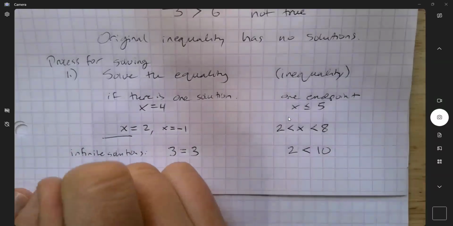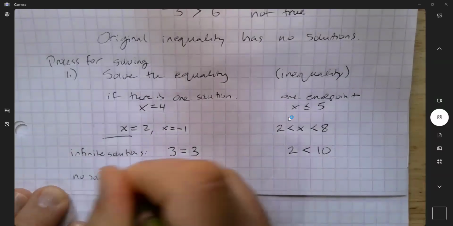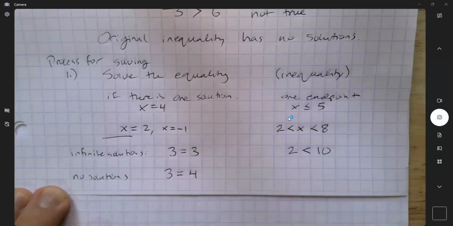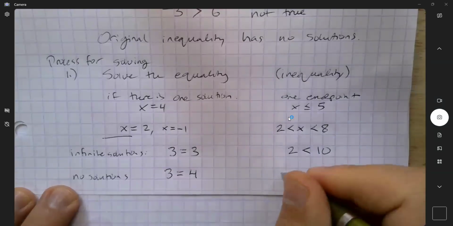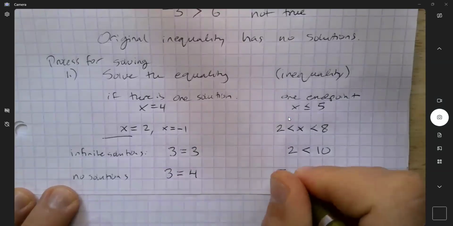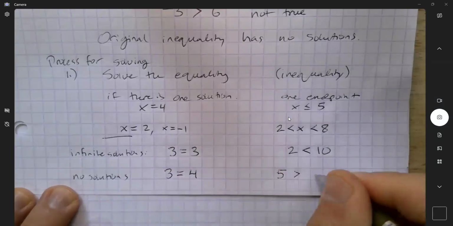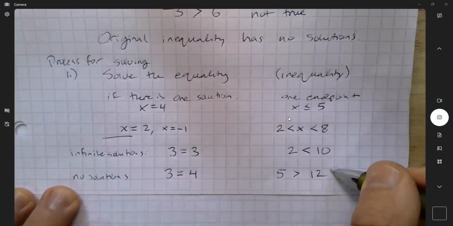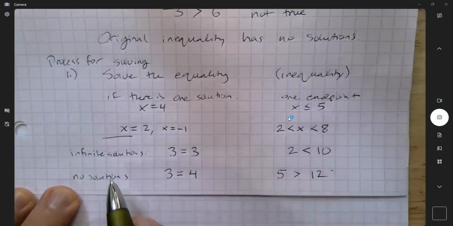Or it can have no solutions, where in the world of equalities, you have an equality that's obviously not true. 3 is not equal to 4. And for inequalities, it would be something that's obviously not true, like if you end up saying that 5 is greater than 12. That's obviously false. 5 is not greater than 12, and so there are no solutions.